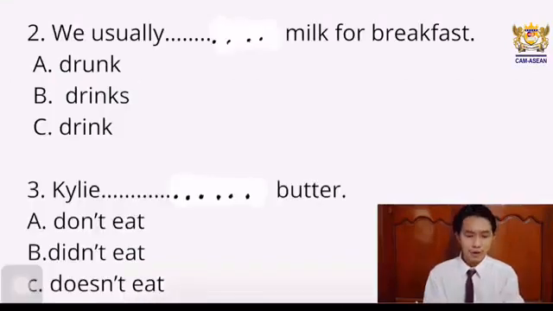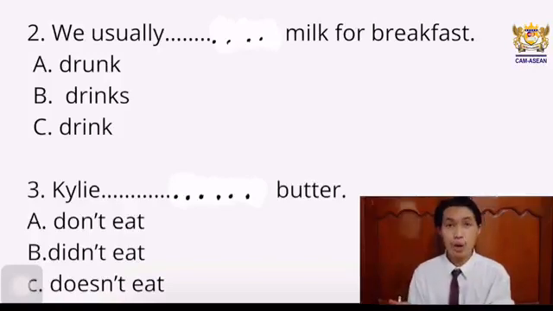Number 2, we usually ... milk for breakfast. Is it A, drunk? Is it B, drinks? Is it C, drink? So, what is the correct answer of this sentence?